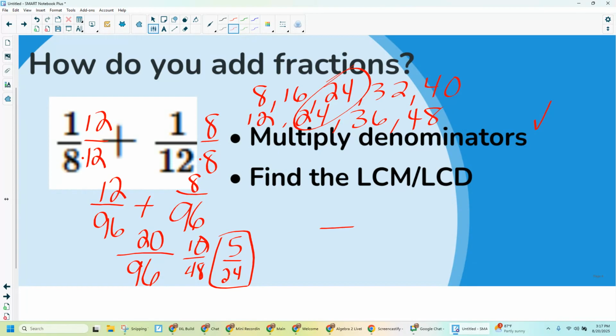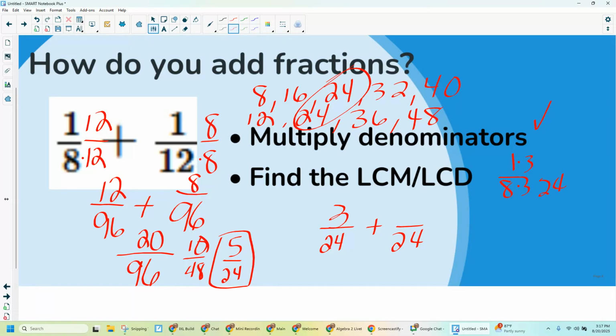So if I'm going to turn the denominator into 24 here, what do I multiply 8 by to get 24? So 1 over 8, I'm going to turn it into 24, so I multiplied that by 3. So I need to do the same to the numerator. 1 times 3 is 3. How do I turn 12 into 24?